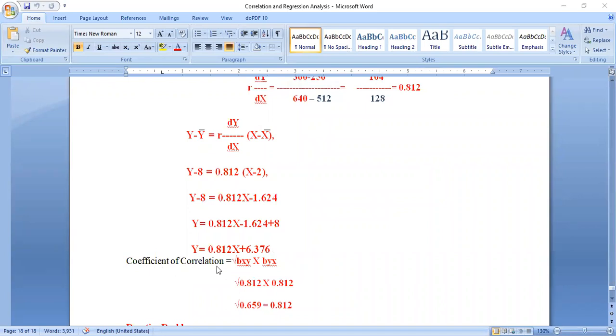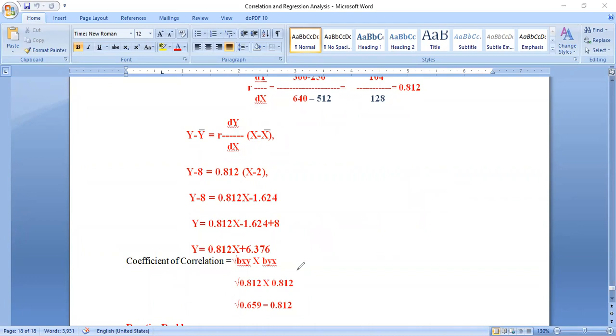Then the coefficient of correlation. Sometimes the examiner will ask this also. The formula is simply the square root of bxy into byx. How we got this bxy, we discussed in the previous class.